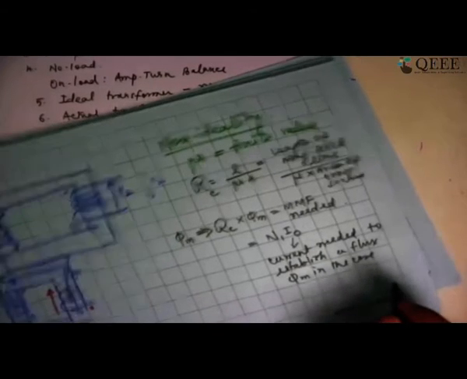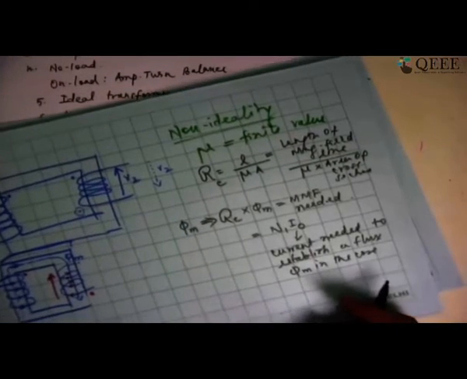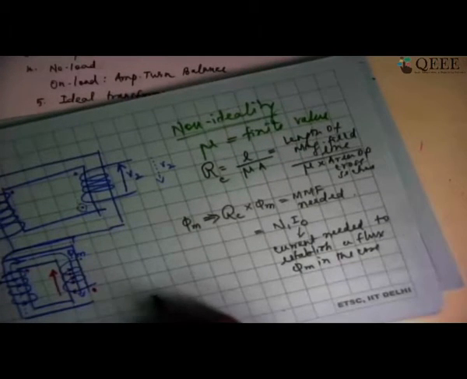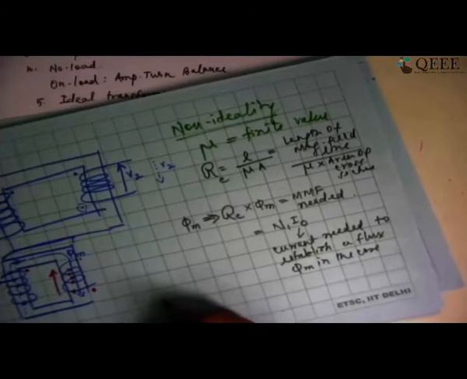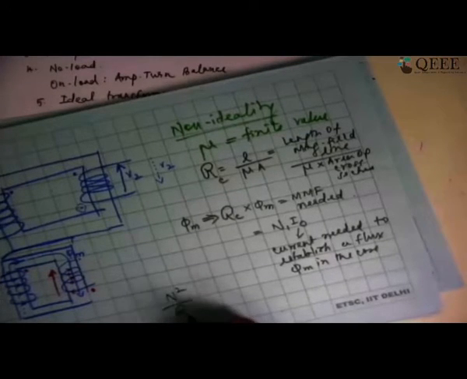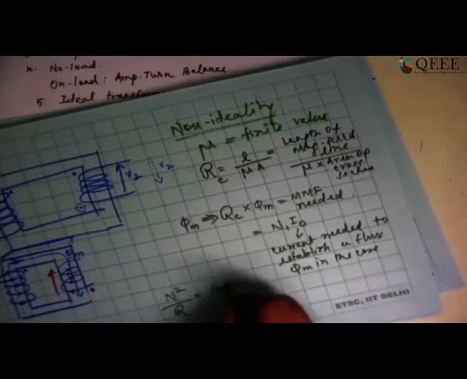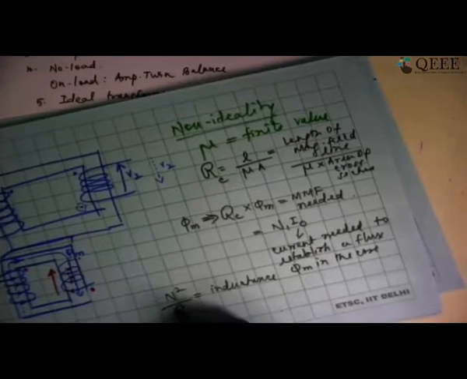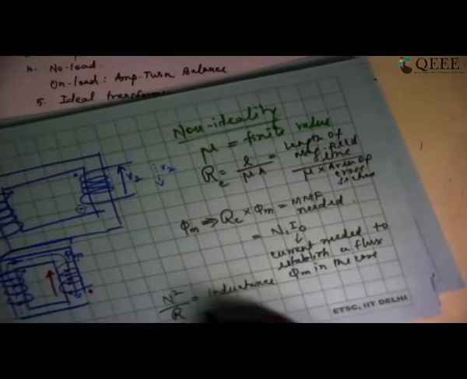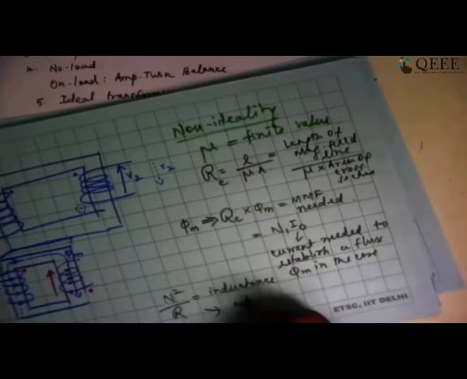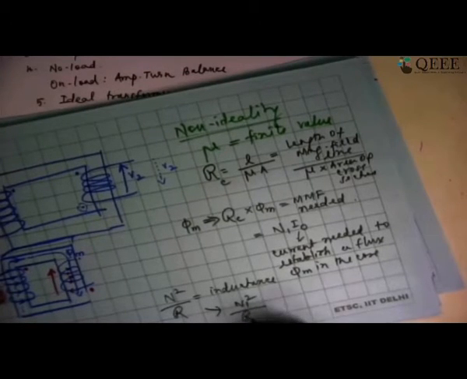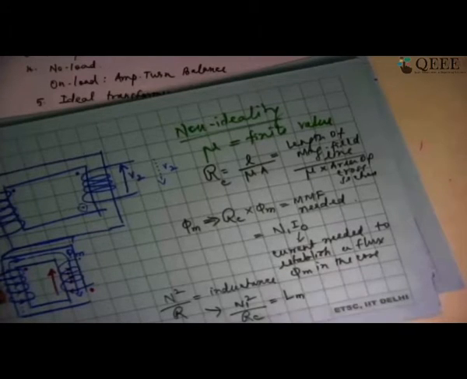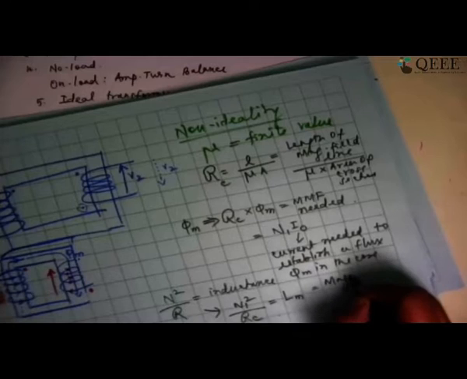And because it is essentially a magnetic circuit, I can represent this by a reactance simply, because all of you know that N squared by reluctance is inductance. I'm sure you must have studied this in the magnetic circuit. So this is going to be N1 squared divided by the reluctance of the core, which I call the magnetizing inductance, Lm.